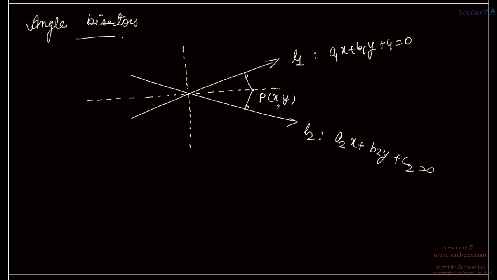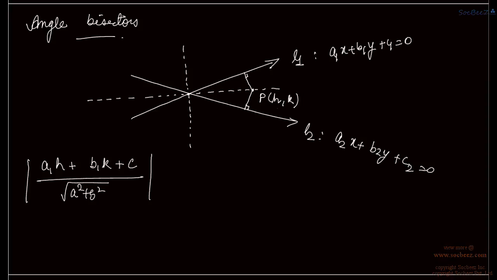So the distance of point P from line L1, let us denote the point as h, k, can be written as modulus of a1h plus b1k plus c1 upon square root of a1 square plus b1 square. And the distance of P from L2, say this is N and this is M, then PM can be written as a2h plus b2k plus c2 upon square root of a2 square plus b2 square.